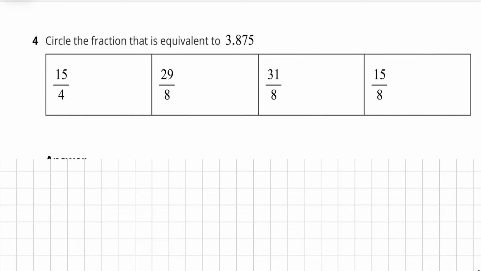Basically we need to convert these improper fractions into mixed numbers, and after that we will decide if they match or not. I'm going to show you a method.